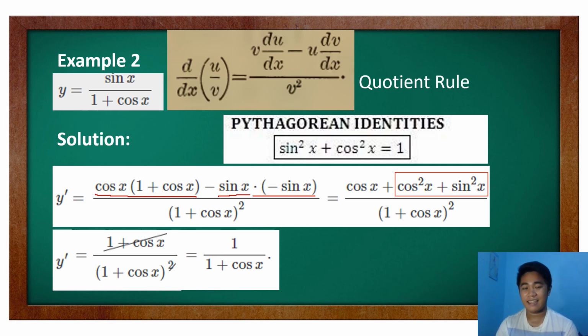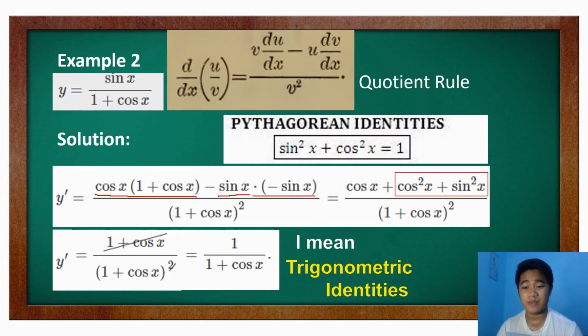So in this problem, we use the Pythagorean identities in simplifying our answer. So the Pythagorean theorem is really important. You can use it in simplifying the problem. It's either in the solution where you already substituted it in the formulas and then you are simplifying it, just like what we did here. You can also use that before simplifying.